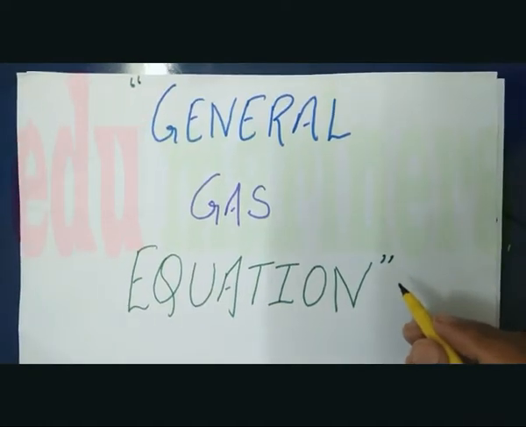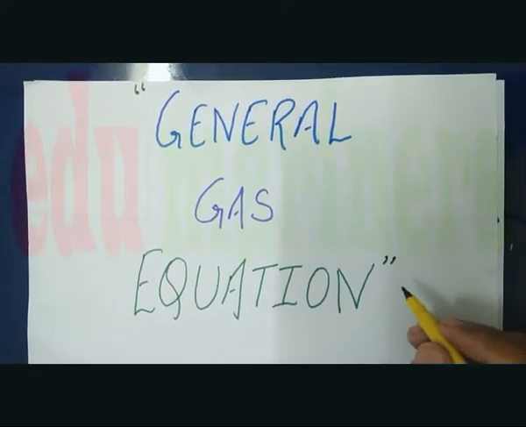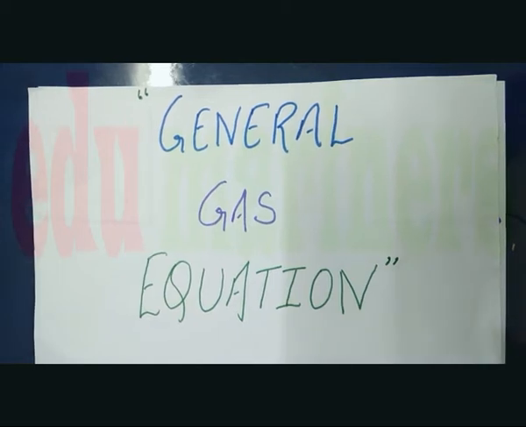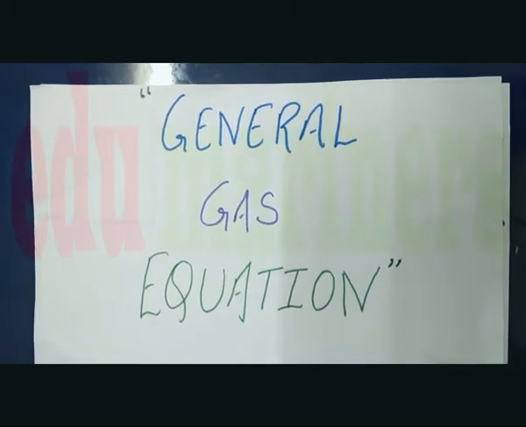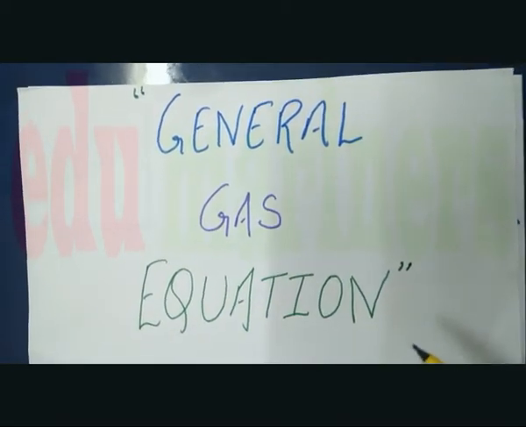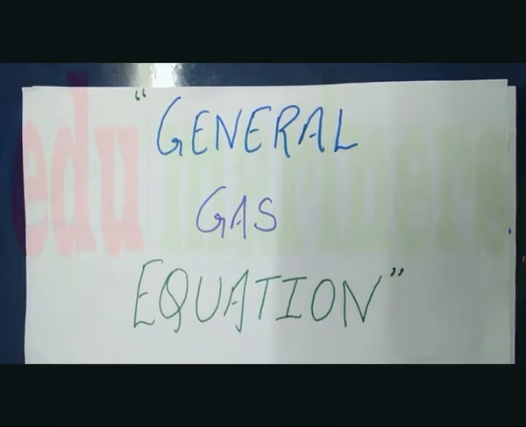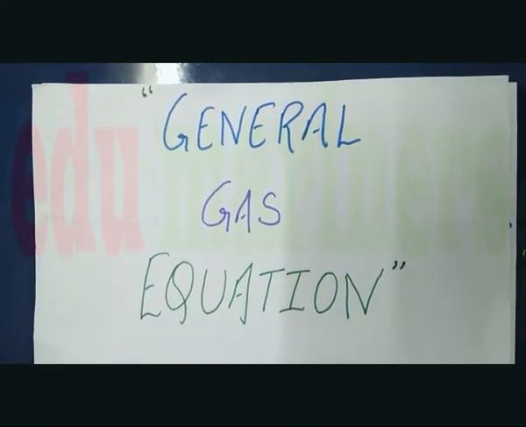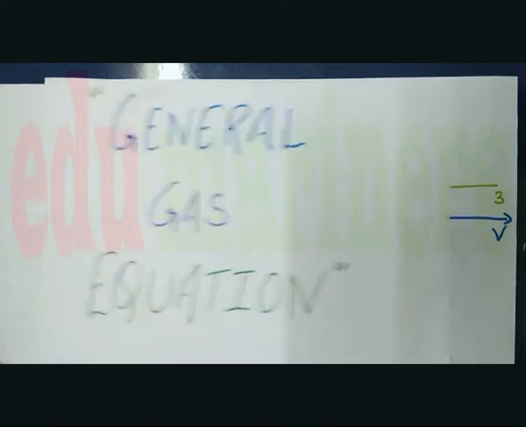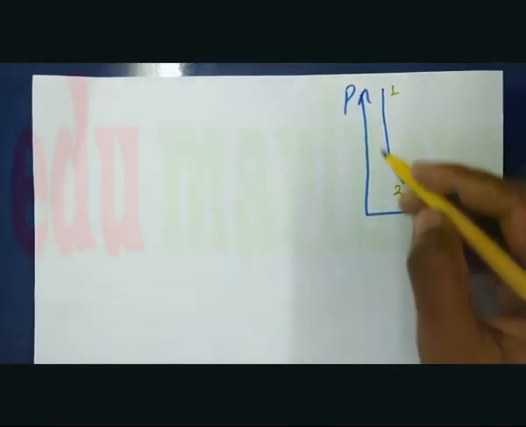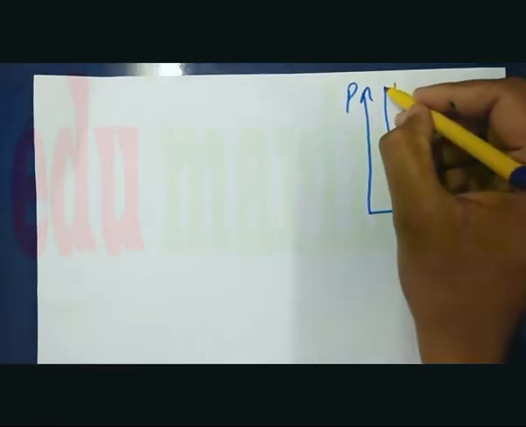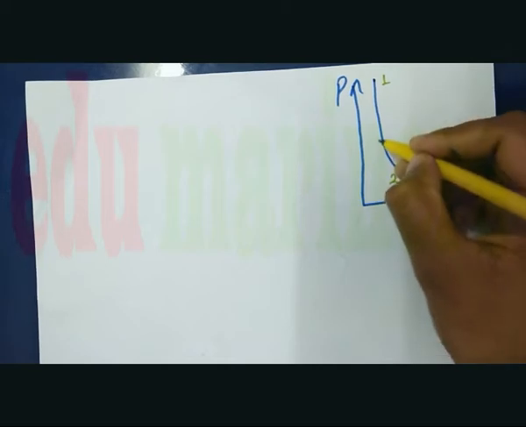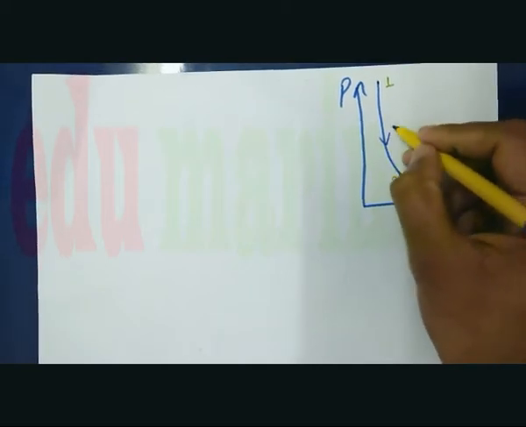Now we will discuss the general gas equation. We have discussed Boyle's law and Charles' law. The general gas equation means it will follow both Charles' law and Boyle's law. So we will see it graphically and mathematically. Suppose some process starts from point 1 and reaches point 2 where it follows Boyle's law.